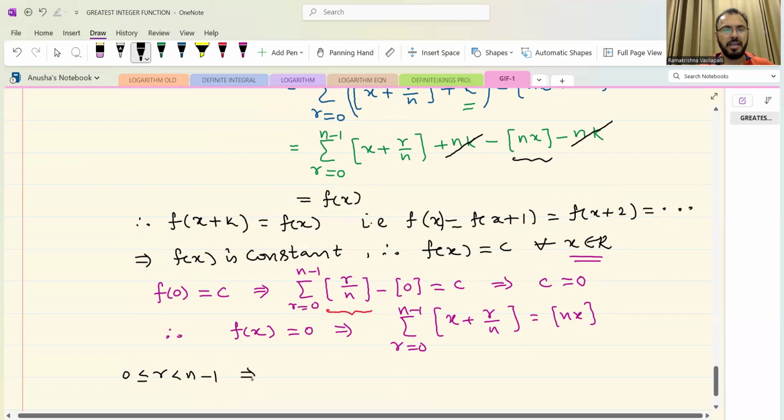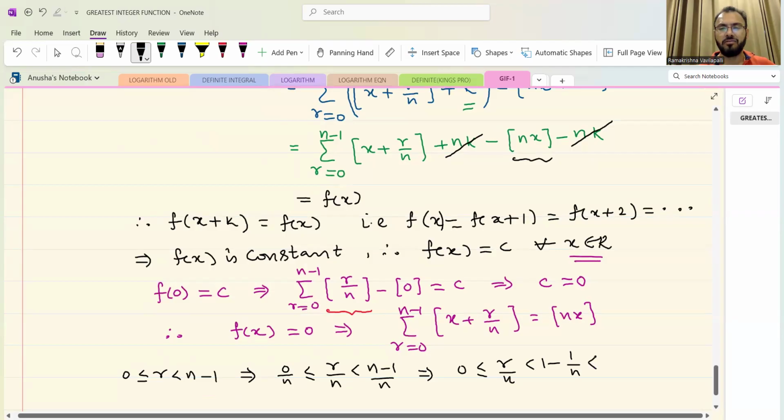Divide by n: 0 by n, and here n is a natural number, so the inequality will not be disturbed, n minus 1 by n. This implies 0 is less than or equal to r by n, which is less than 1 minus 1 by n.